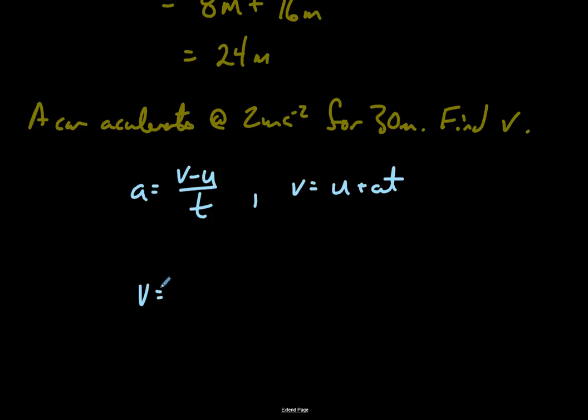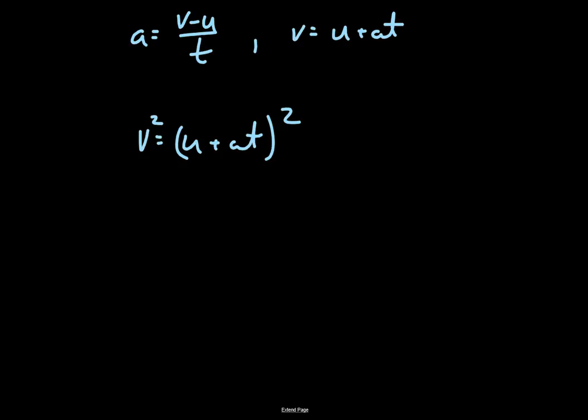We're going to square it like this. Then we're going to expand: square the first, 2 times the first times the second, square the second.